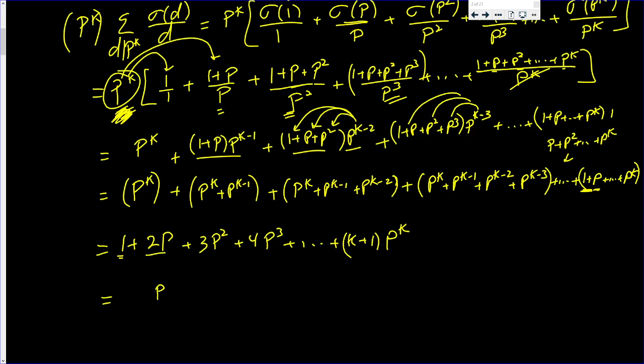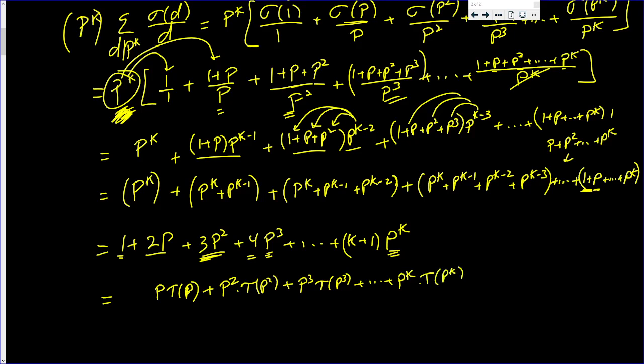We have p times tau of p, which is 2, plus this is p squared times tau of p squared, which is 3, plus p cubed times tau of p cubed, which is 4, all the way down to p to the k times tau of p to the k, which is k plus 1.